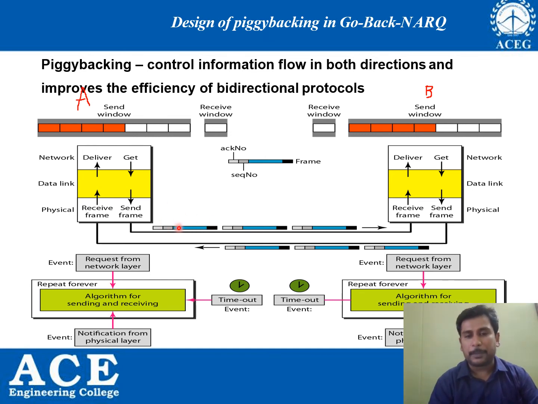This process of combining the data information along with control information and transmitting the data bidirectionally is referred to as piggybacking. And the main advantage of using piggybacking is that it improves the efficiency of the channel.